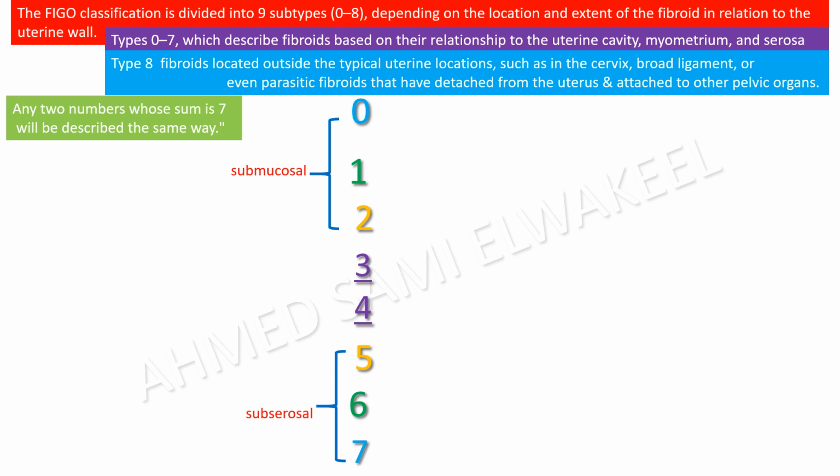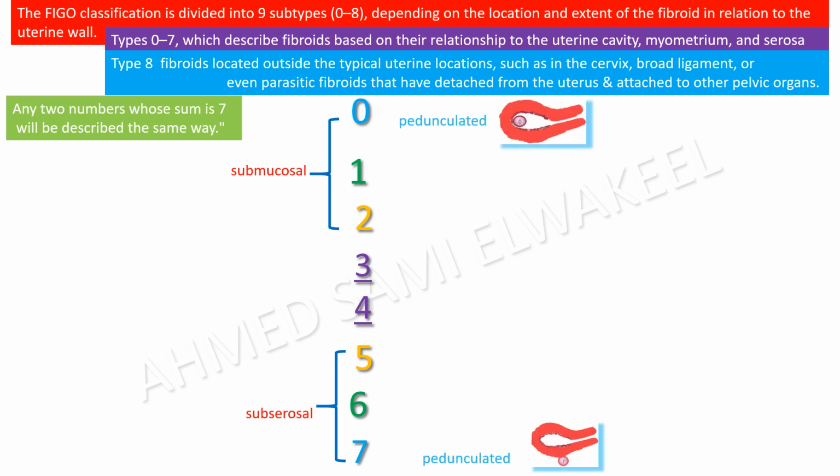As we said, any two numbers whose sum is 7 will be described the same way. 0 plus 7 equals 7, so they will be described the same way. Both of them are pedunculated, but 0 is located intracavity and 7 is pedunculated subserosal.